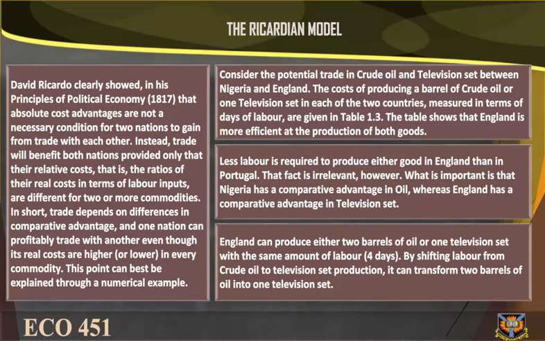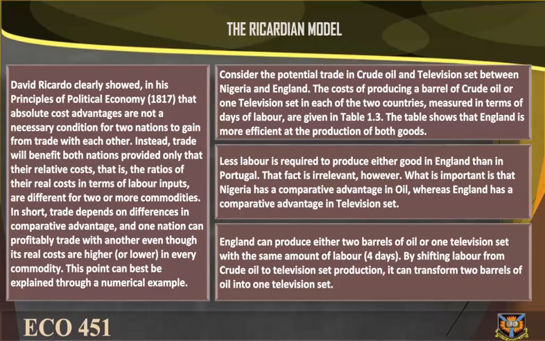The Ricardian model. David Ricardo clearly showed in his Principles of Political Economy, 1817, that absolute cost advantages are not a necessary condition for 2 nations to gain from trade with each other.